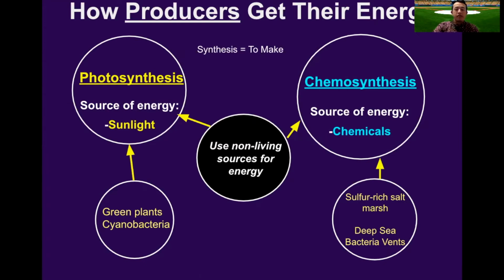If we take a look at the sulfur-rich salt marsh, those deep sea bacteria vents, those too are going to use those non-living sources for energy, but that's going to be done through chemosynthesis because their source of energy is those chemicals. Once again, we think of chemosynthesis, we're thinking those deep water organisms, those bacteria that get no sunlight, so they have to use chemosynthesis. Other than that, most plants above the surface, we're always using photosynthesis. We're using that sunlight as a source of energy.